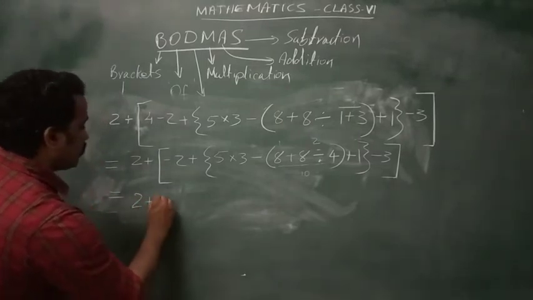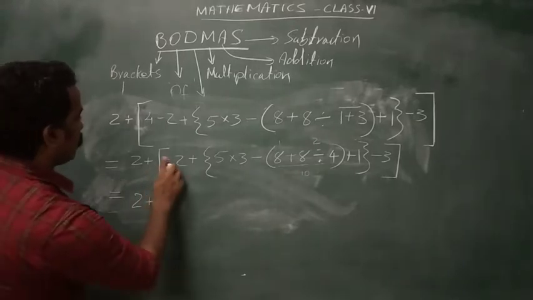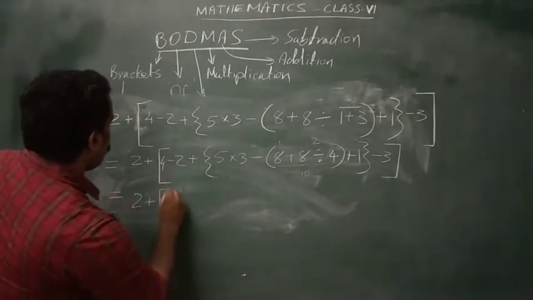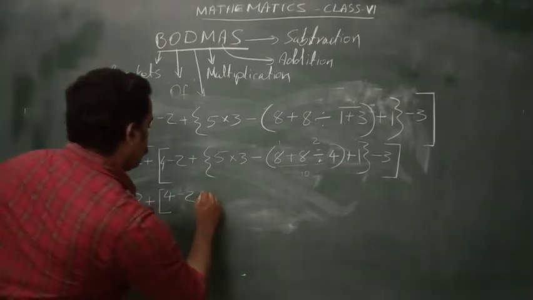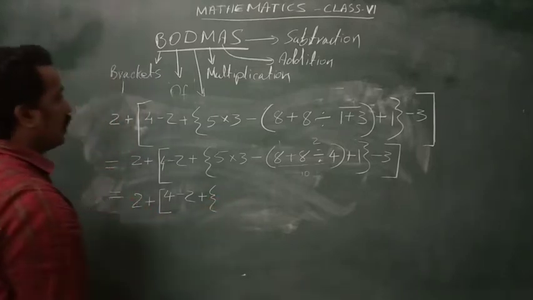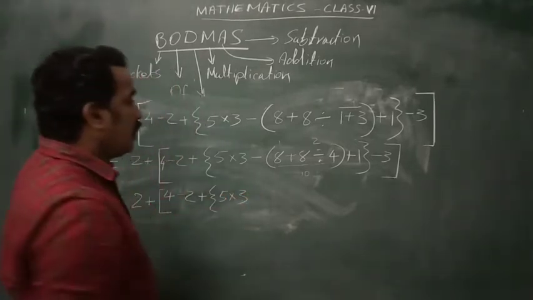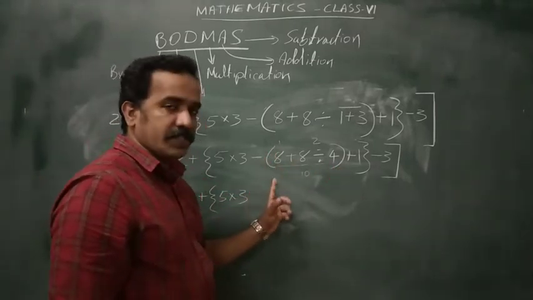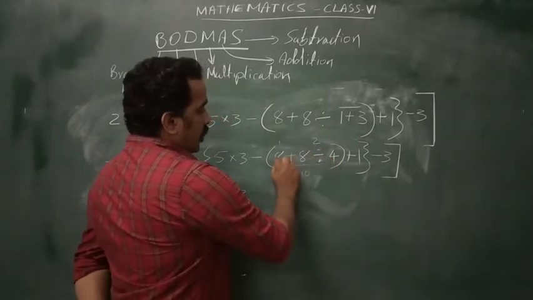2 plus square bracket minus 2 plus curly bracket 5 into 3. Then inside the parenthesis we already saw, 8 divided by 4 is 2, 8 plus 2 is 10.